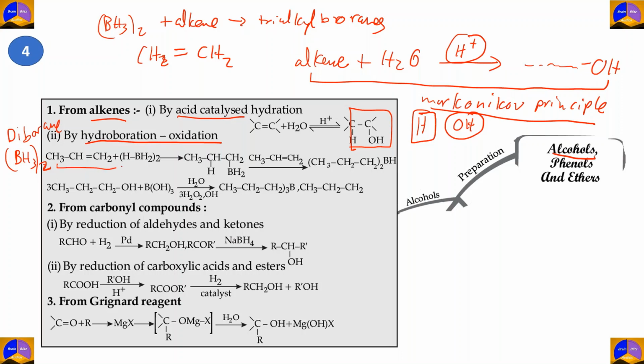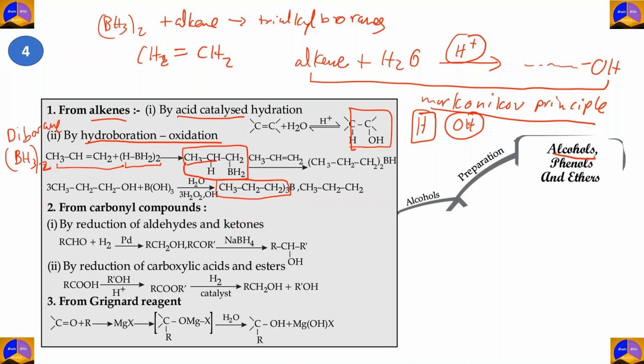So this is an alkene here, and we have a diborane here. And then what we get, these are intermediates which are already trialkyl boranes. So when they add the same alkene twice, they get a trialkyl compound here.